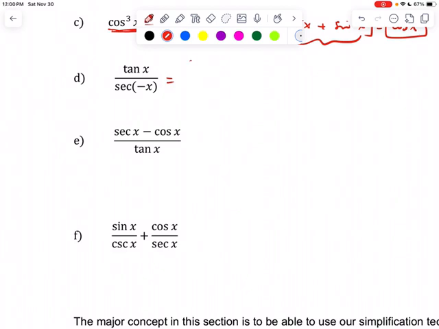So you can also do it like this, sine x over cosine x whole divided by secant of negative x. Secant of negative x means 1 over cosine of negative x. But cosine of negative x is the same as cosine of x. So we have it that sine of x over cosine of x divided by 1 over cosine of x.